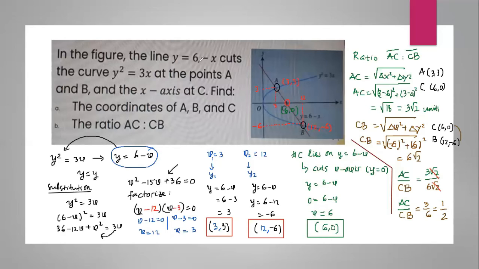That's the final answer: AC to CB is 1 to 2. Done.